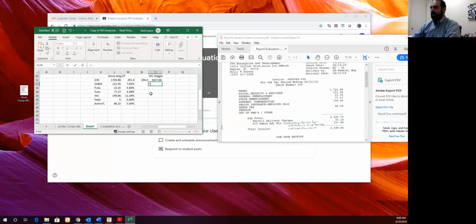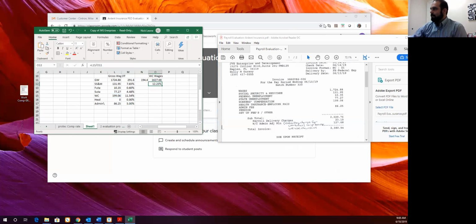So to figure out the workers' comp rate, we take this number divided by the workers' comp wages. So we can see they're getting charged 12.22. Well, if we turn that into a decimal percentage, they're getting charged almost 12.25 points for workers' comp for the tree trimming class code.